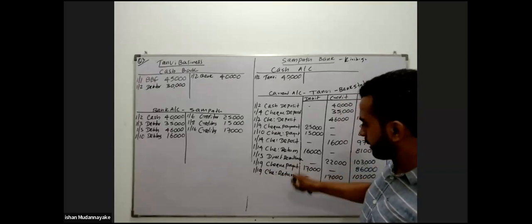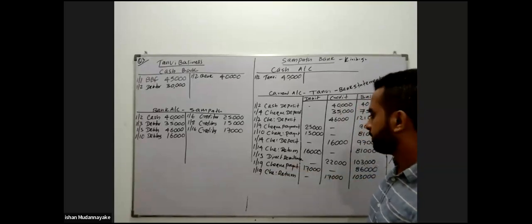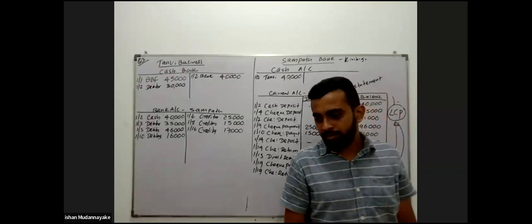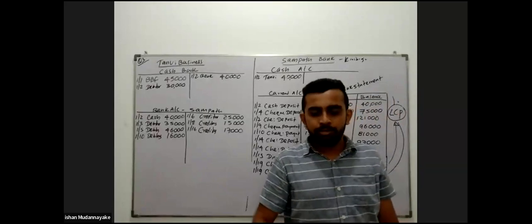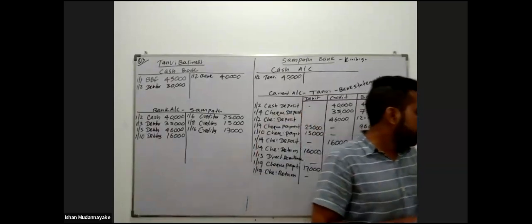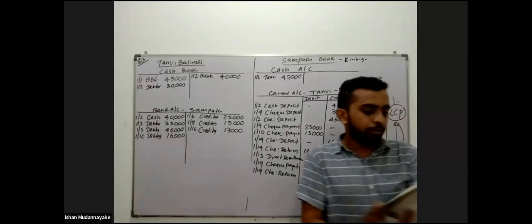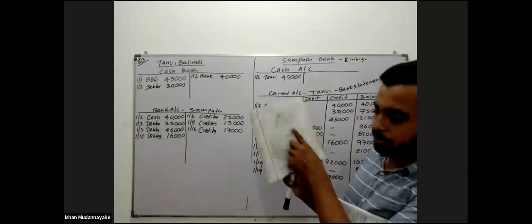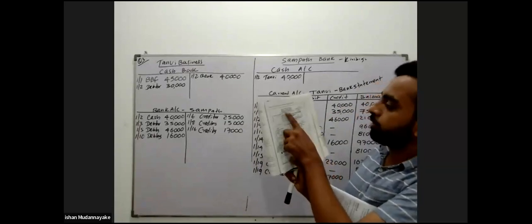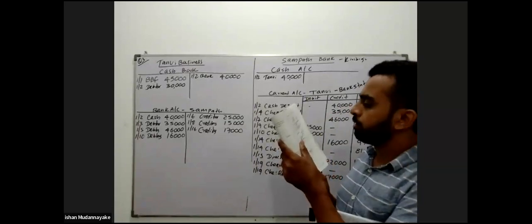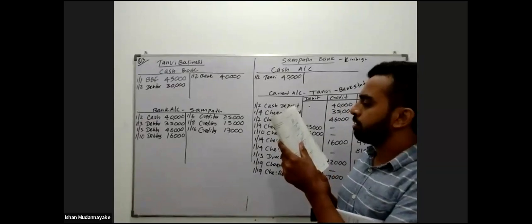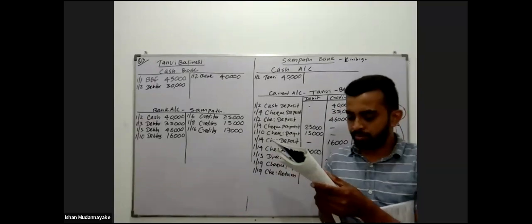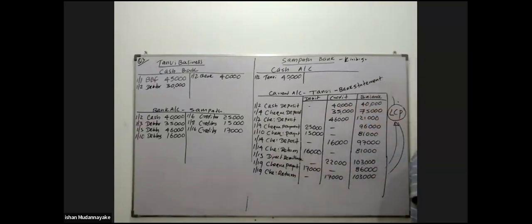Neither the check return notification nor check dishonoring notification. Page number 150 of the textbook, check return notification. That is the word used by commercial banks. Okay, that is us now. Okay, sir. Thank you.